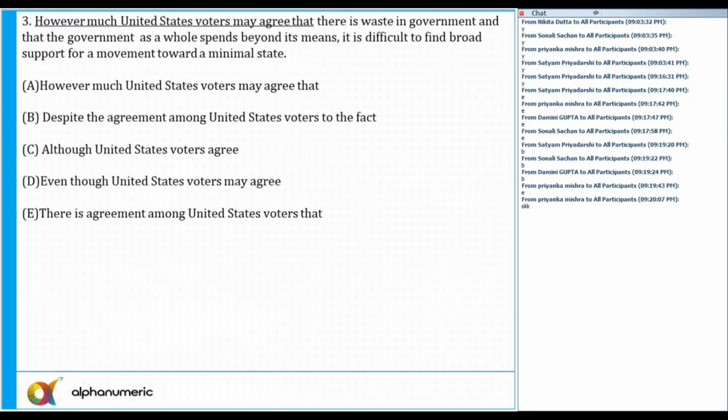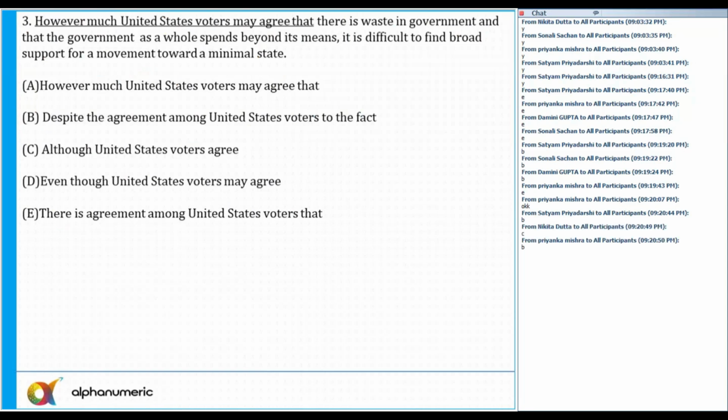In question number 3, he says, however much United States voters may agree that there is waste in government and that the government as a whole spends beyond its means, it is difficult to find broad support for a movement toward a minimal state. What do you think?